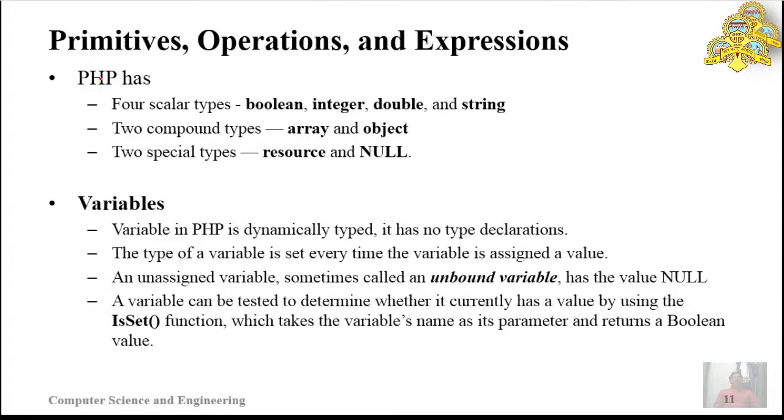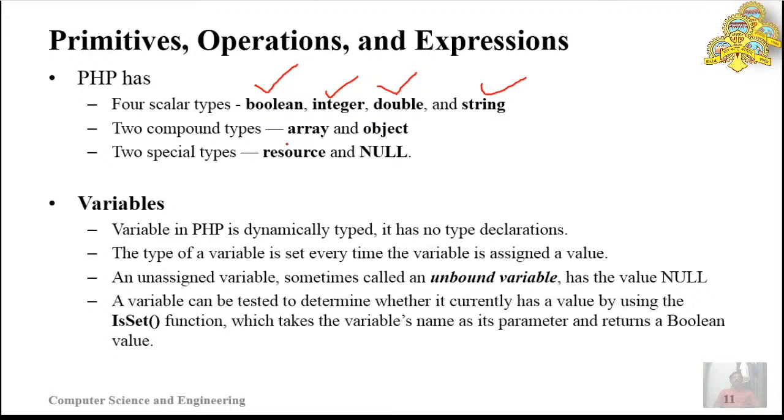Now we come to the primitive types, operations and expressions. Even though PHP does not have any declaration of types of variables, internally it supports some different types. Scalar types are boolean, that is true or false, integer, double and string.